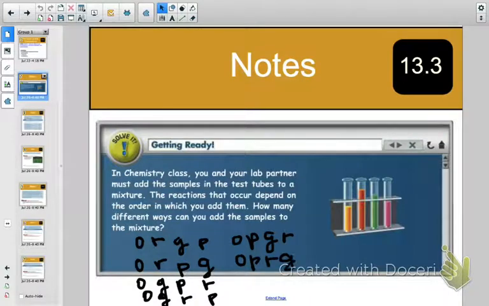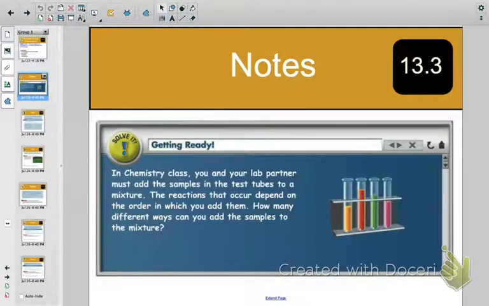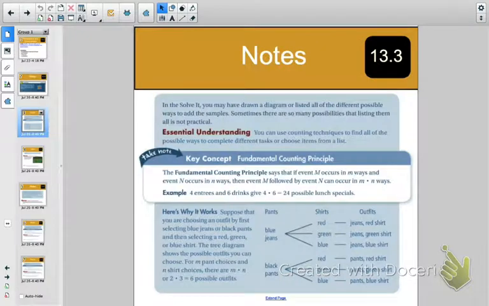I think that's all the ones with orange first, and then we can go on and do the same thing with red. We do red, orange, pink, green, red, orange, green, pink, and so on. But there's a lot of combinations, so you get the idea. Lots of different ways you can order them differently for the mixture.